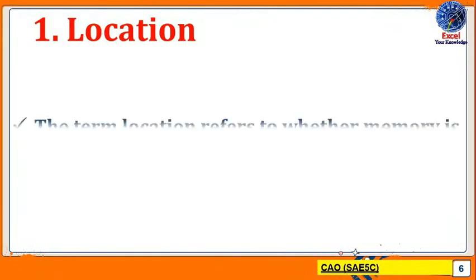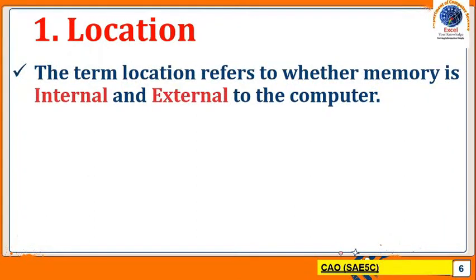The term location refers to whether the data is stored internally or externally in a computer. Internal means the main memory of the computer.